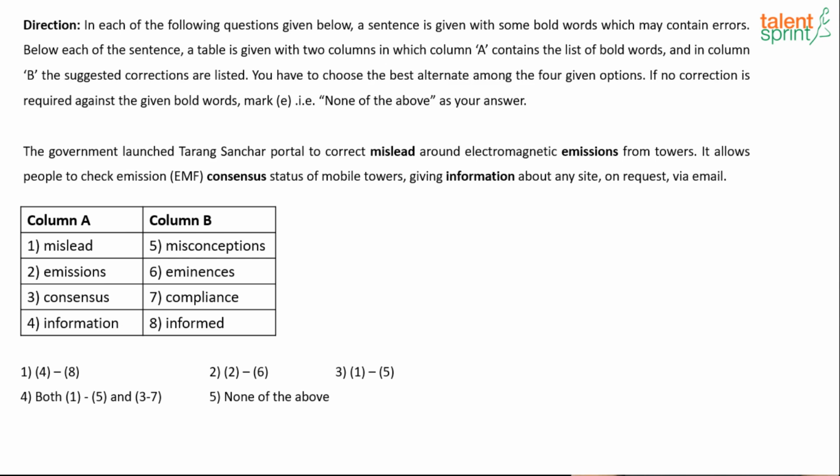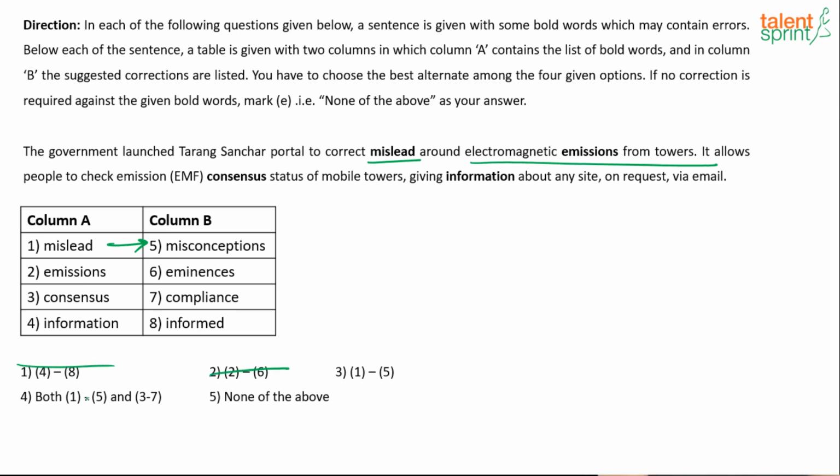Misleading is conveying the wrong information. So this is a misconception that people are talking about, that the government has launched an awareness portal, TalentSprint, to correct this misconception. So 1 will change to 5.